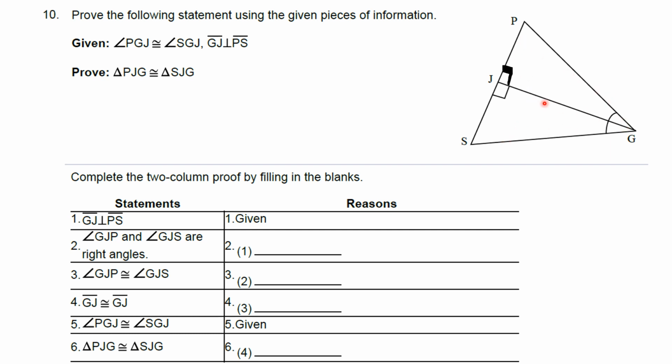The little triangle on the top and the little triangle on the bottom share a common side, GJ. So that side is common to both. If we were to do two little separate drawings for these triangles, this would be J for both. This one is G.